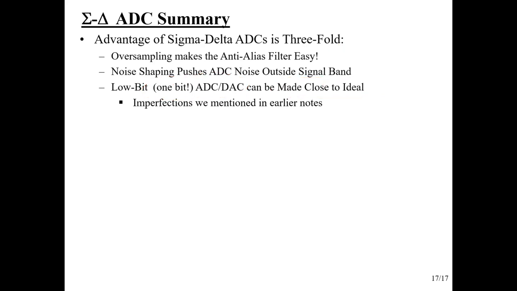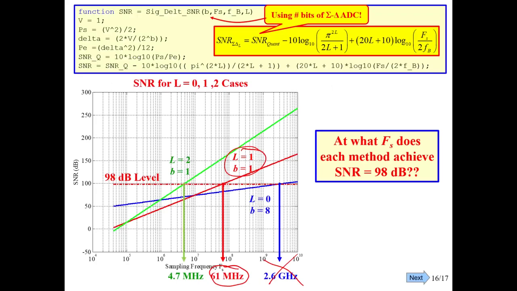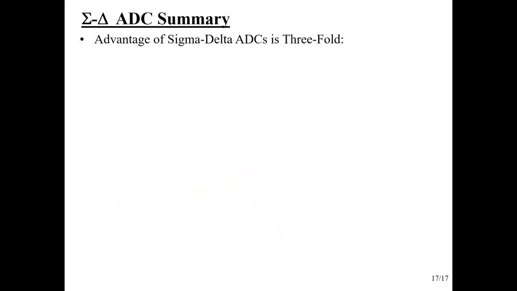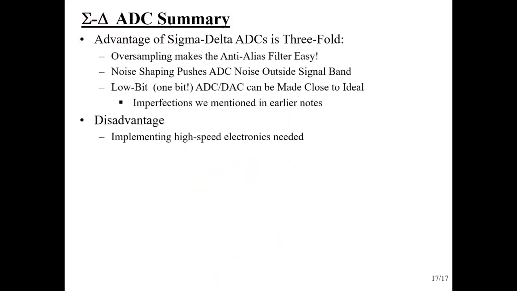So can be made cheaper. Nice. Disadvantage? Well, you need to run things at higher sampling rates. But we just saw, what did we see, 64 megahertz or 61 megahertz or even 4.7 megahertz? That's not a big deal for a 1-bit A to D converter. So that's not that big of a disadvantage these days.